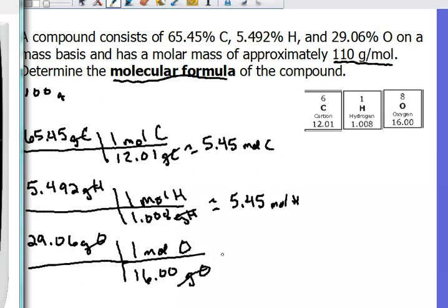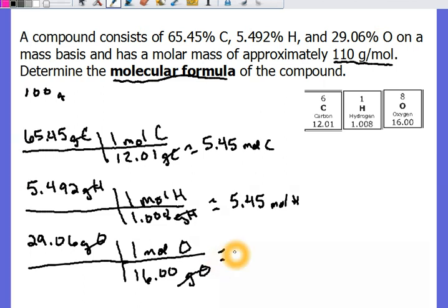You get 1.82, which is your smallest number of moles, 1.82 moles of oxygen.